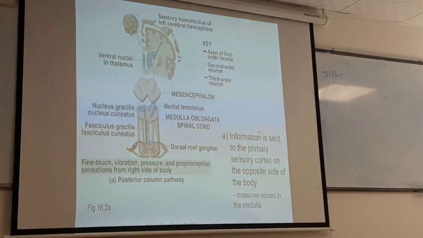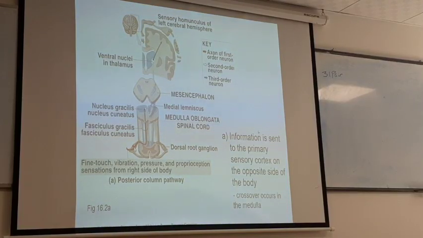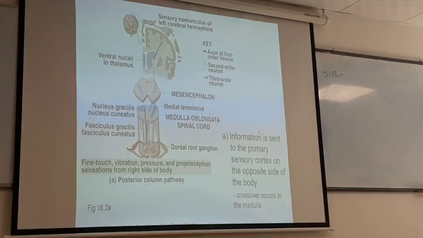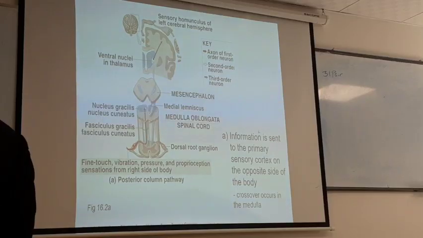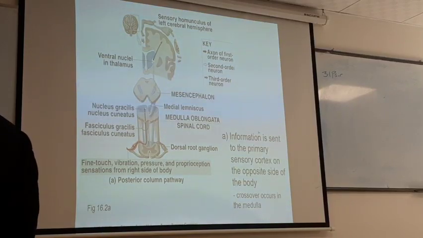Neuron one in the DRG. After this, neuron 2 in the posterior horn of the spinal cord. You see this: neuron 1, neuron 2.